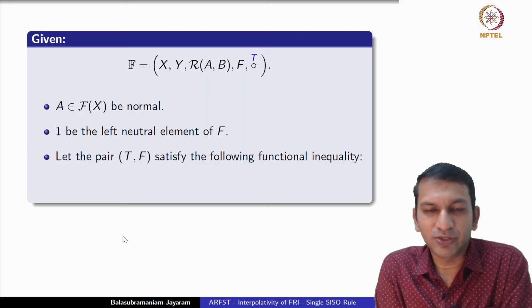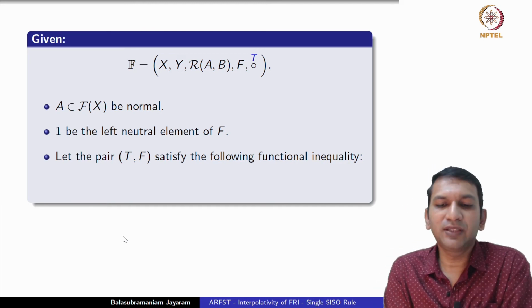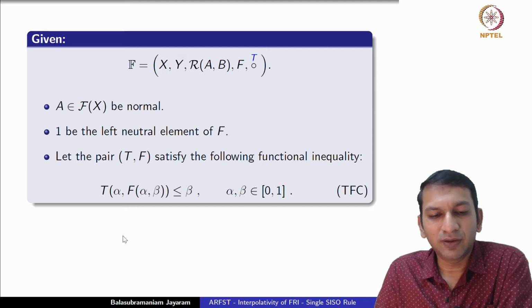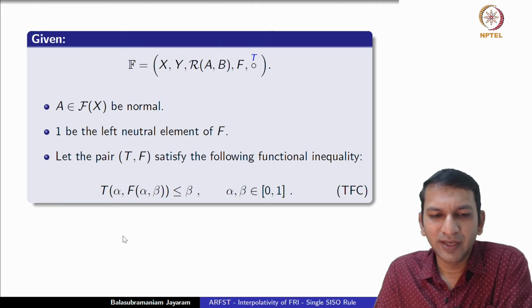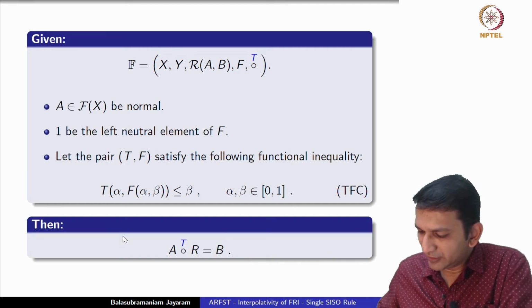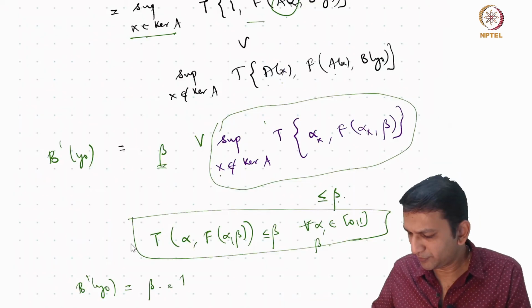So if we add this also as the condition, let the pair T comma f satisfy the following functional inequality: T of alpha comma f of alpha beta is less than or equal to beta for all alpha beta coming from the 0, 1 interval. If we have these three conditions, we see that in fact b dash of y naught is equal to b of y naught.